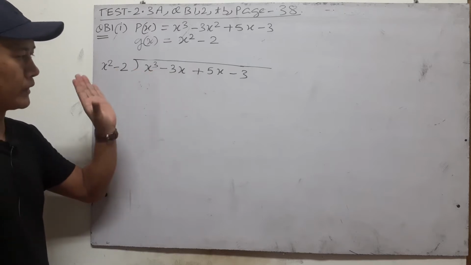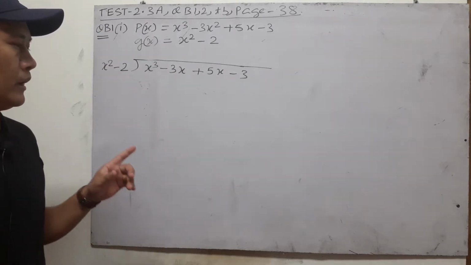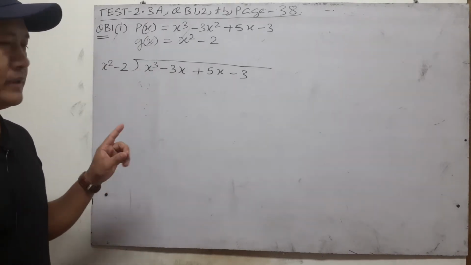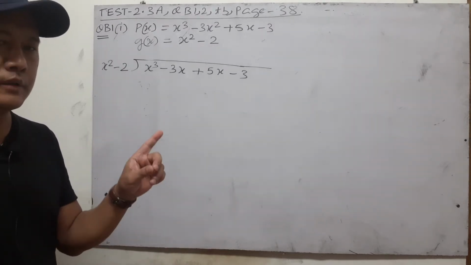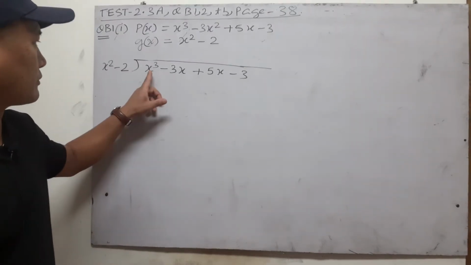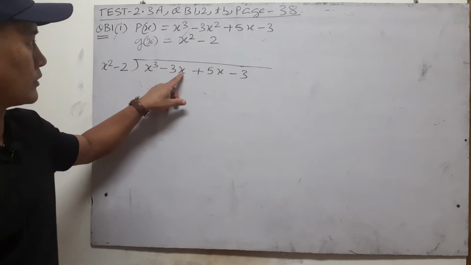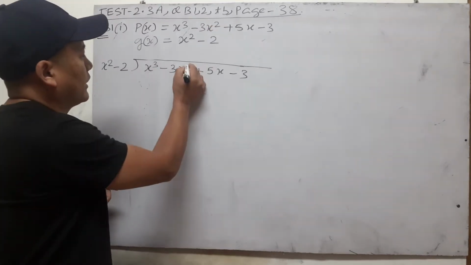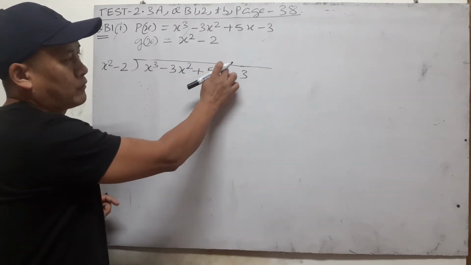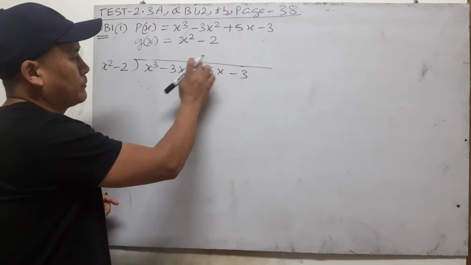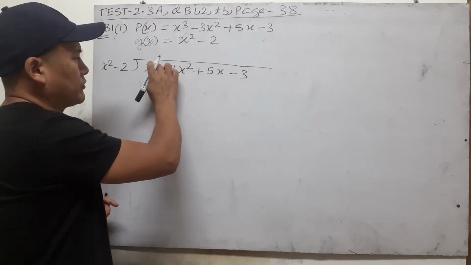So take the highest degree term. Highest degree term means the term having the highest power of x. So the highest power of x is x cubed. This is only x squared. This is x to the power 1. So power here 1, exponent 2, exponent 3.